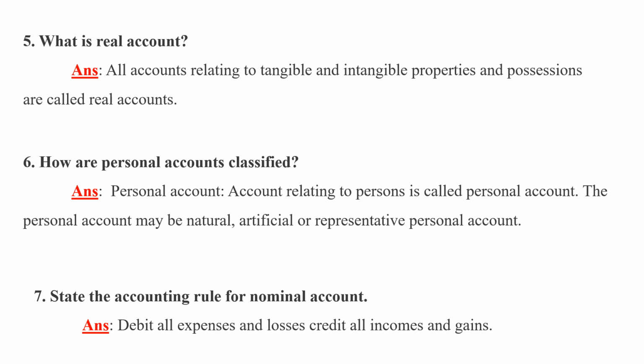And then state the accounting rule for nominal account. Debit all the expenses and losses, credit all incomes and gains. So after the loss just put one comma, okay? Debit all the expenses and losses, comma, credit all the incomes and gains.